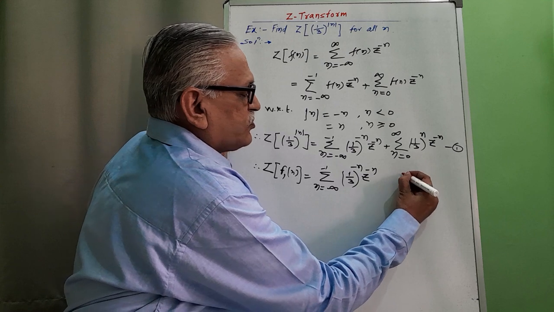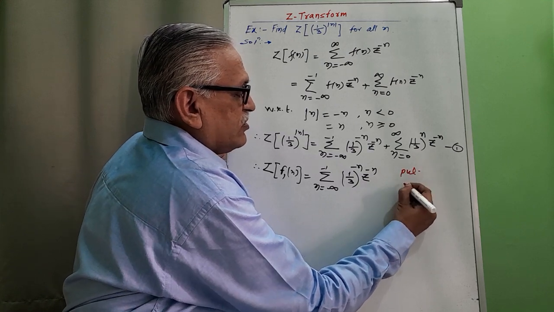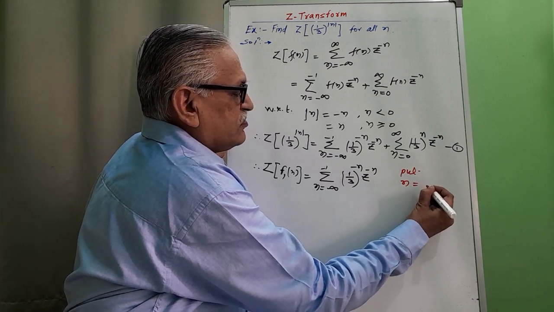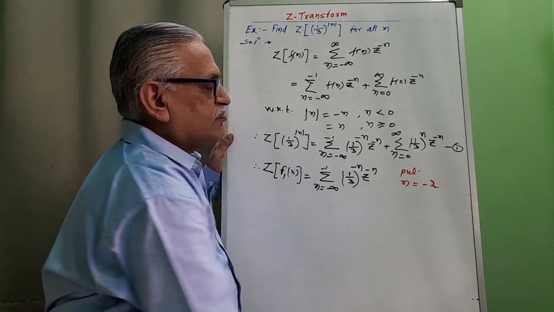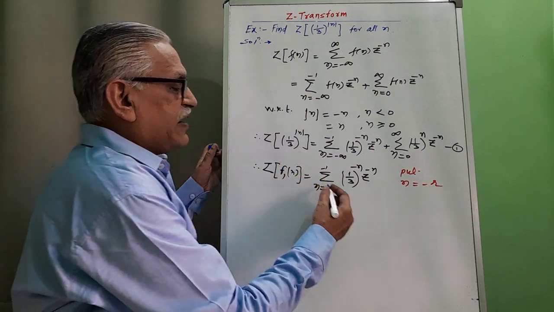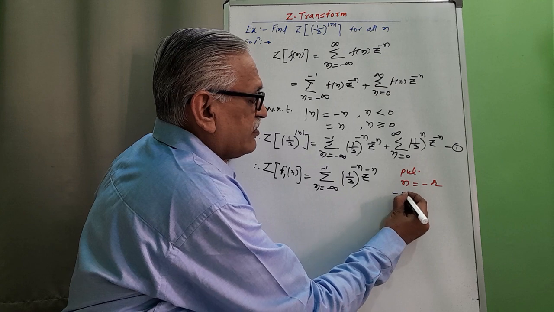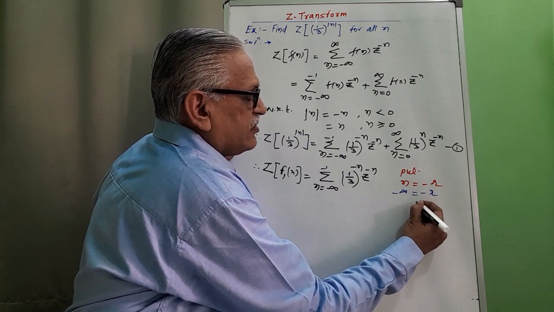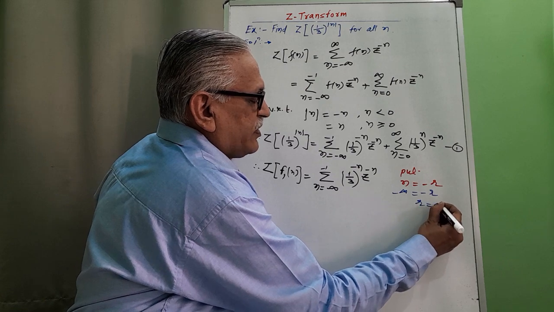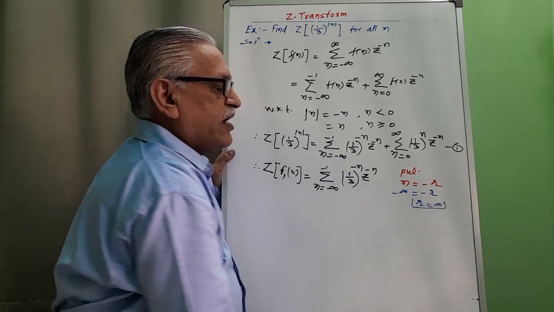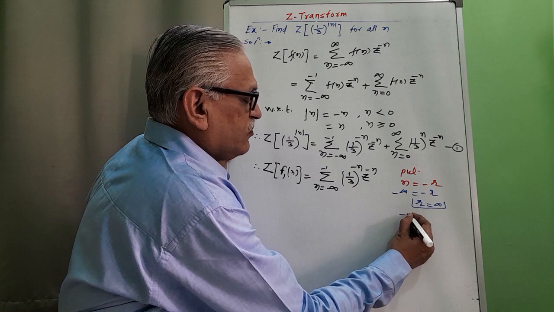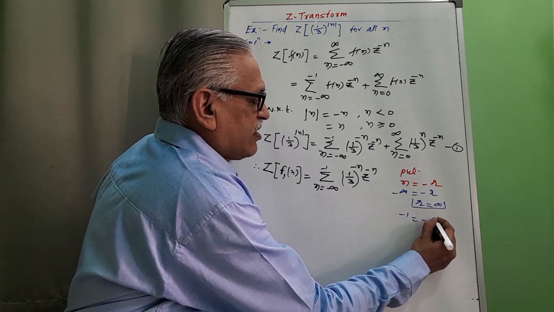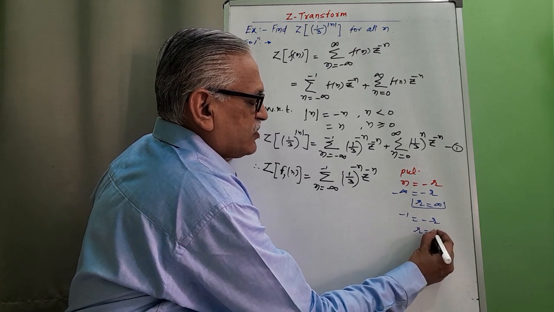Here we substitute n equals minus r. When n is minus infinity, r is infinity, and for n equals minus 1, r is equal to 1.